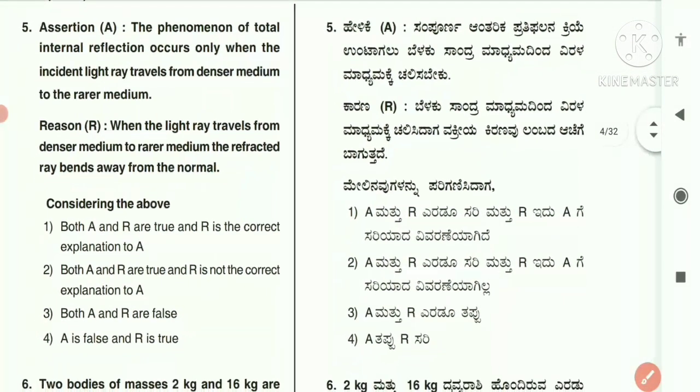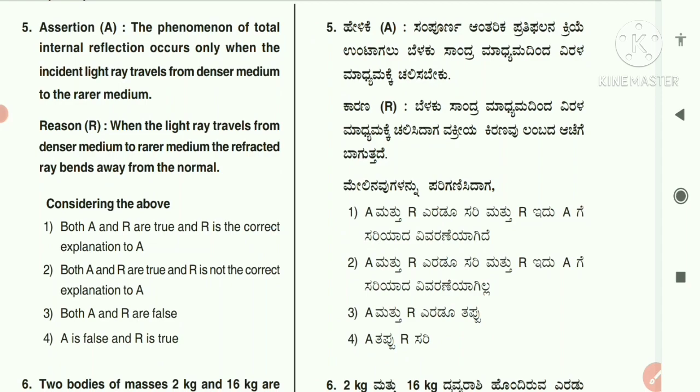Here it is, the fifth one. There is given an assertion and reason, so read carefully. Assertion: the phenomenon of total internal reflection occurs only when the incident ray travels from denser medium to rarer medium. Reason: when the light ray travels from denser medium to rarer medium, the refracted ray bends away from the normal.